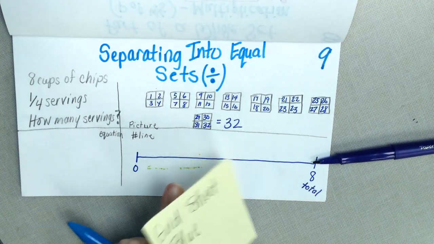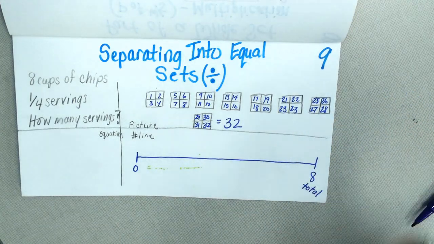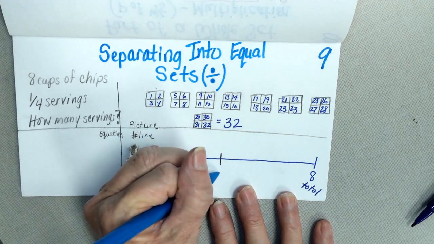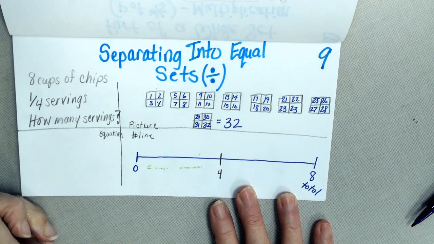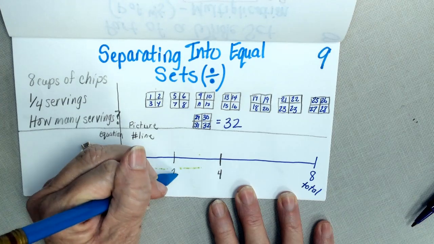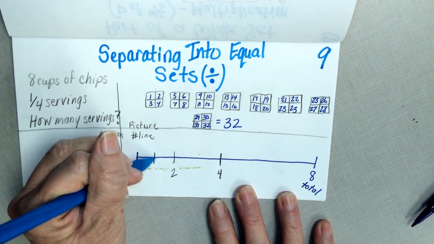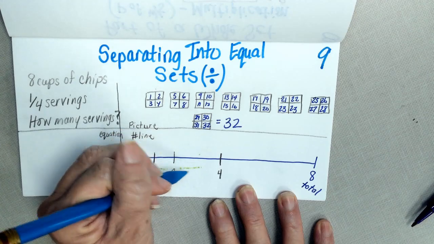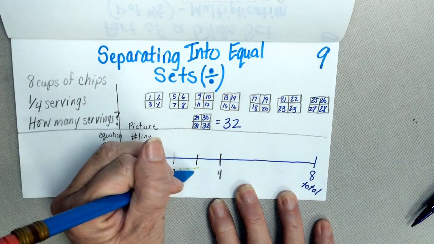And if I wanted to partition my number line into equal pieces, the easiest way is to cut it in half first and label this 4. Then I can cut that in half and label that 2. Cut that in half and label it 1. Go back and cut between 2 and 4 in half and label it 3.